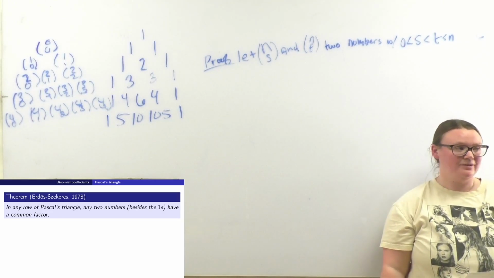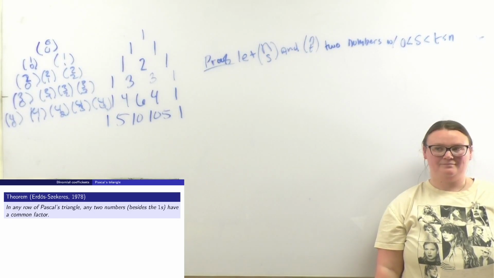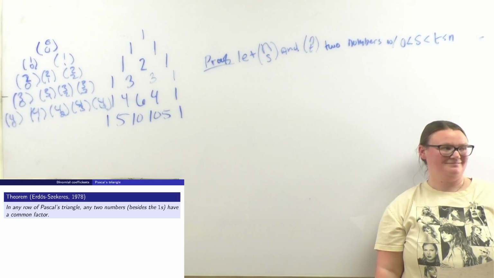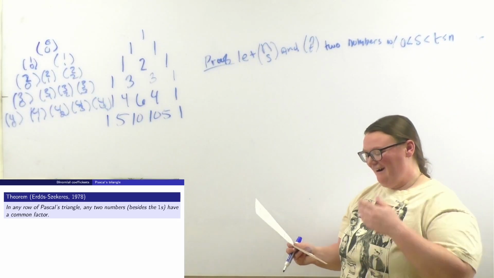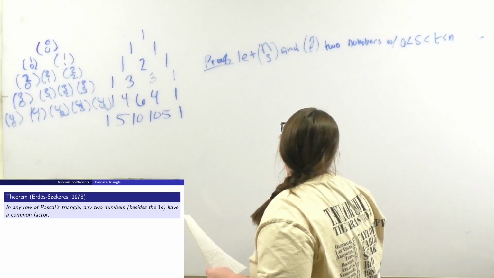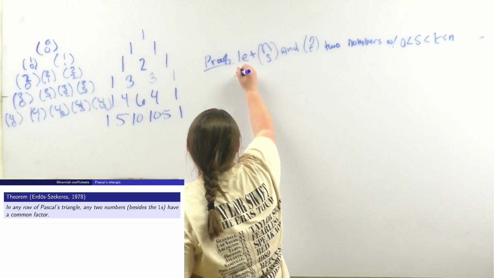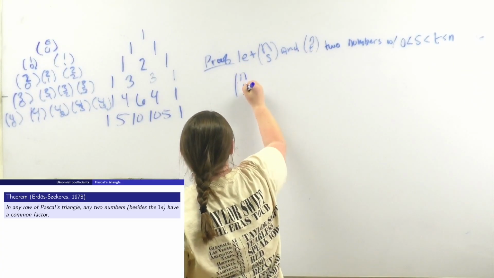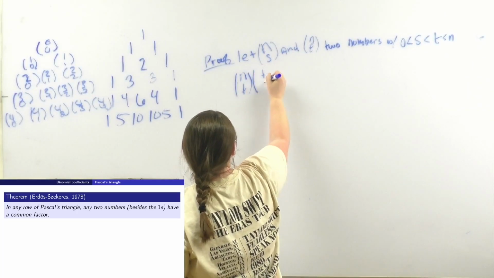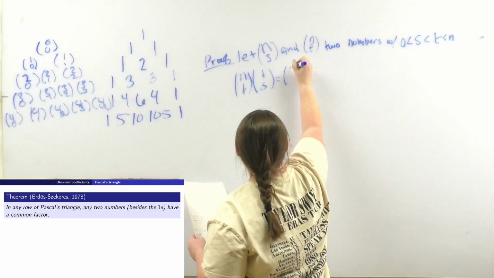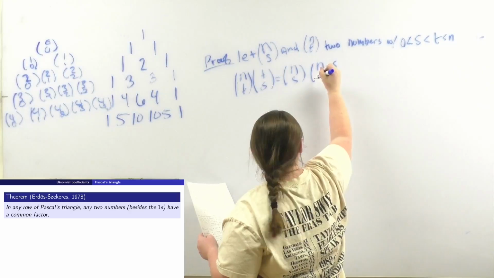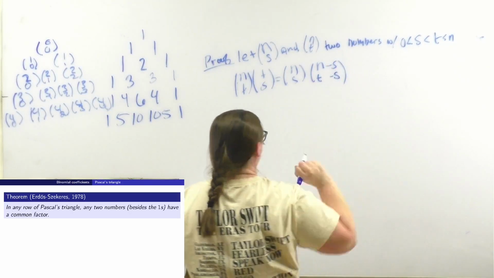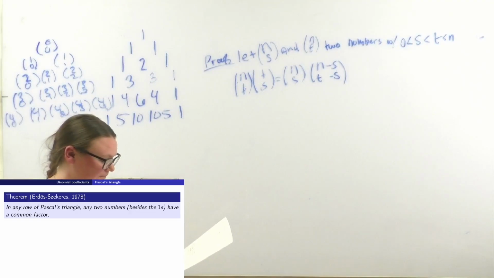Did we learn an identity we could use to work through this? That's okay. We're going to keep going. We're going to use a subcommittee identity. And that tells us that N choose T times T choose S is equal to N choose S times N minus S choose T minus S. It looks familiar, I'm sure.